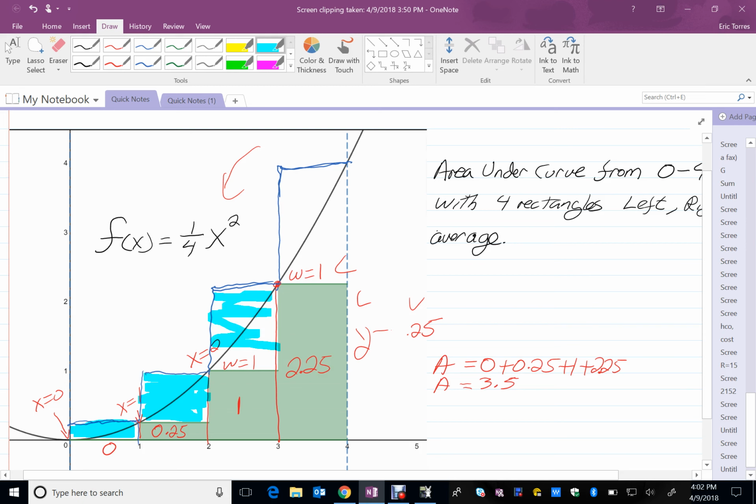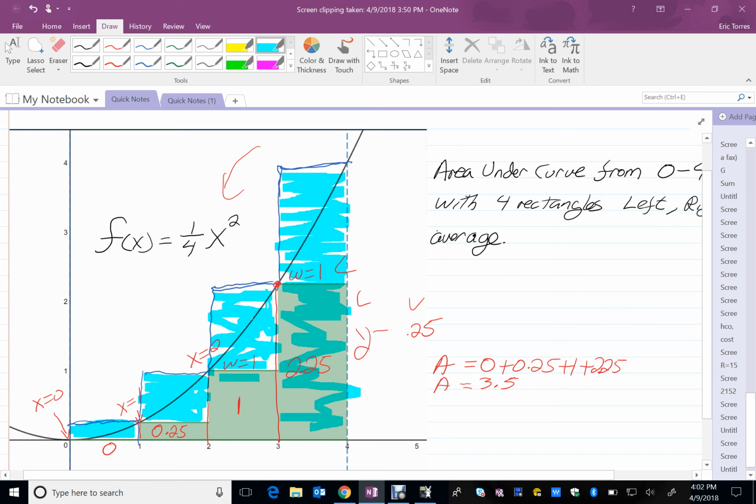And I'm just doing a rough job shading them in so we can have a decent visual. I apologize, it's a little messy. And of course the rectangle goes all the way down. That's important. So my new rectangles don't stop on top of the old ones. They're from the top to the bottom. Full-size rectangle. So that's my new rectangles.